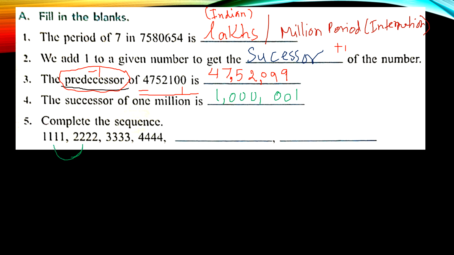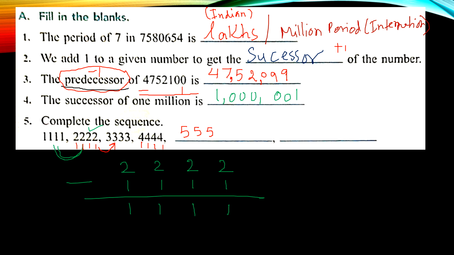Write the second number first and subtract, and you will get 1111. That means if you add 1111 to each number, you get the next number. So we add 1111, and you will be getting 5555 here. Put a comma if you want to, and this is your answer.